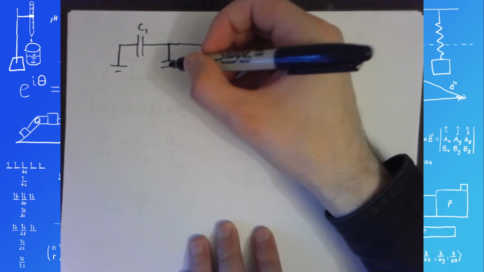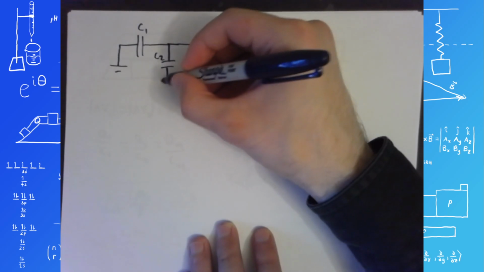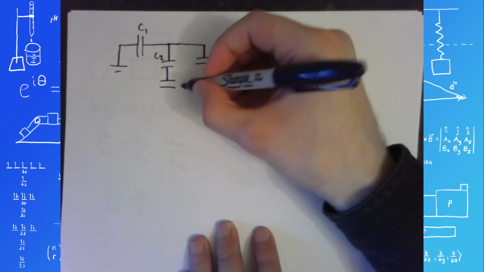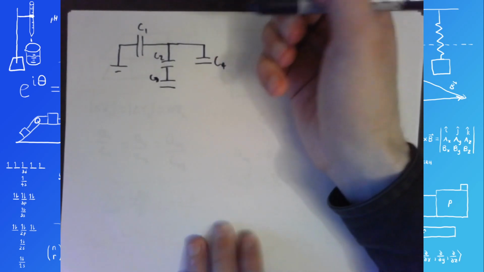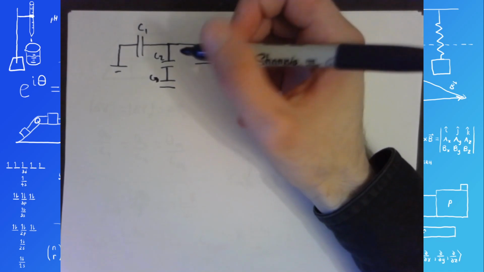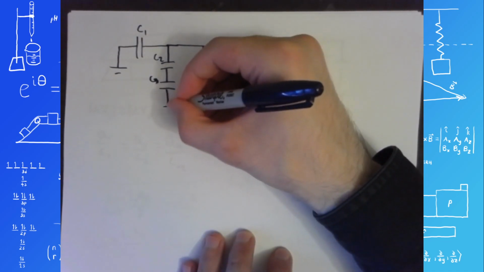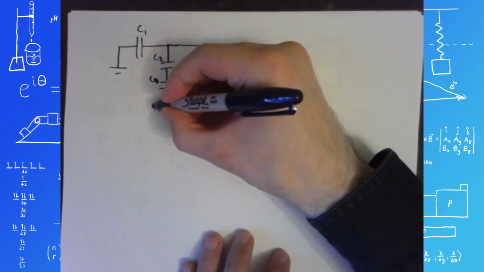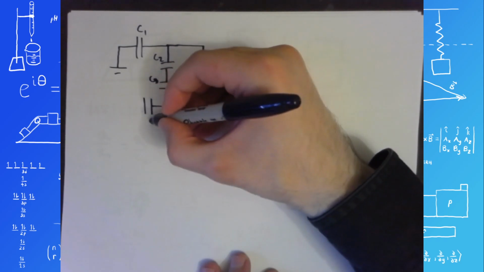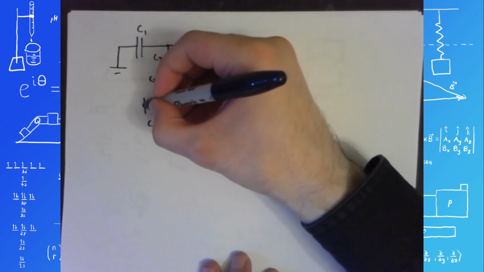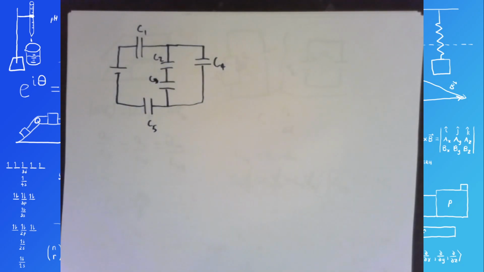Over here we have capacitors 2 and 3. And then those two branches reconvene at this point, and we have one more capacitor, C5, and then we route back to the battery.